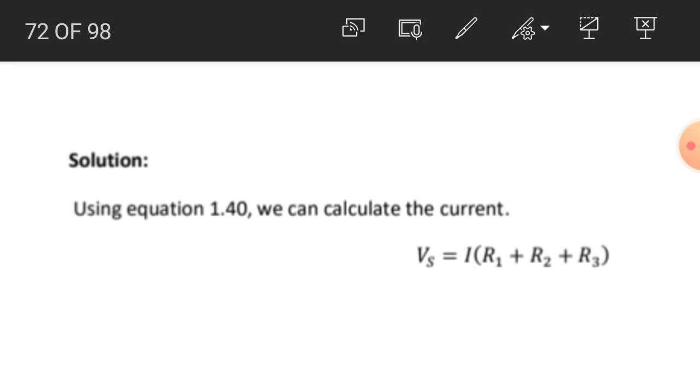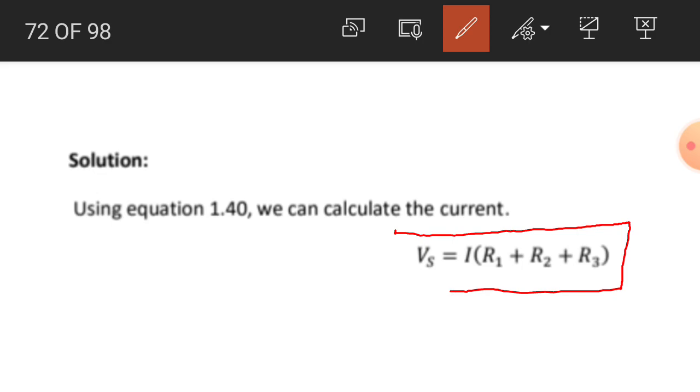Well, we know that the applied voltage in accordance with KVL will be equal to I into R1 plus R2 plus R3. We discussed this equation in the theory 2 minutes ago. So the source voltage will be equal to I into R1 plus R2 plus R3.